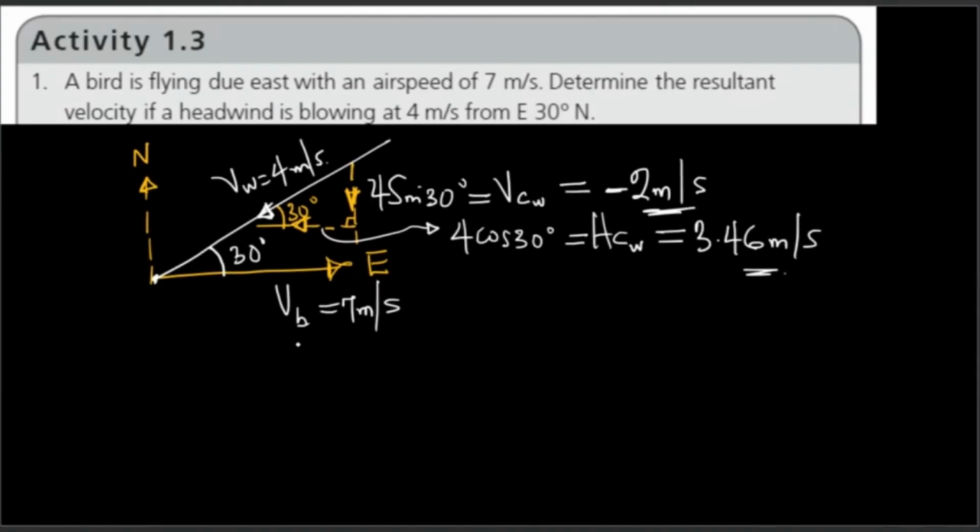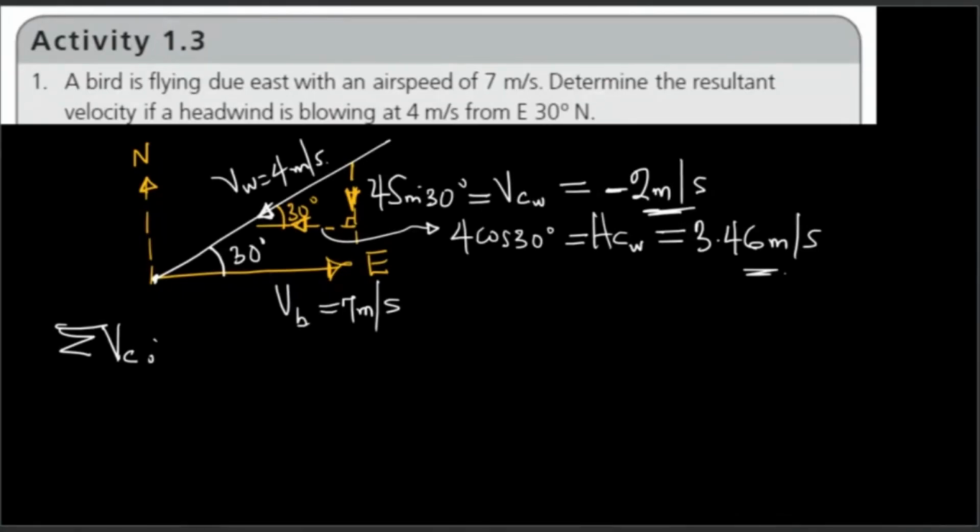So now let's sum up the vertical and the horizontal components. For the vertical component, we only have this value, which is minus 2 meters per second.